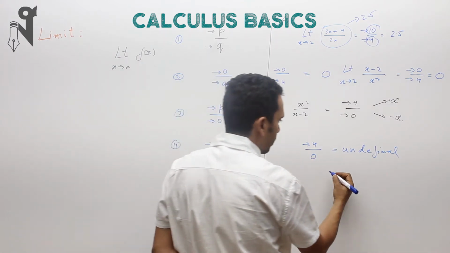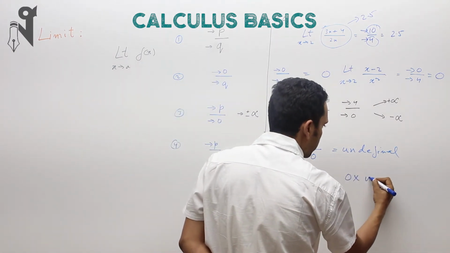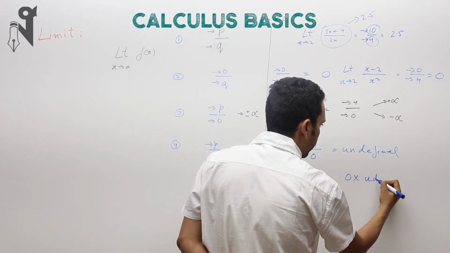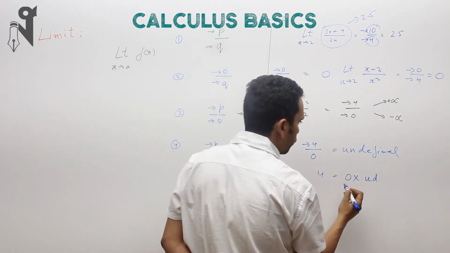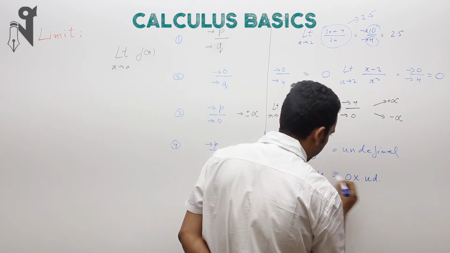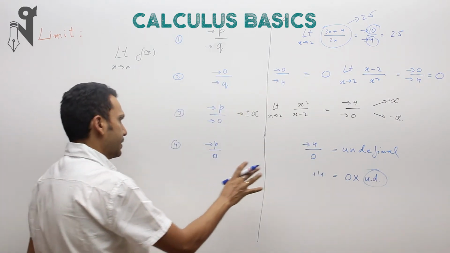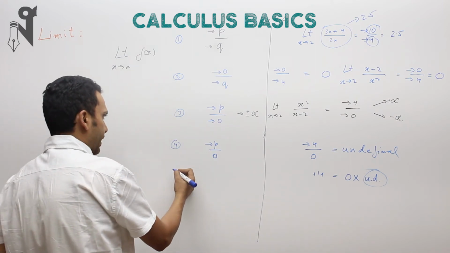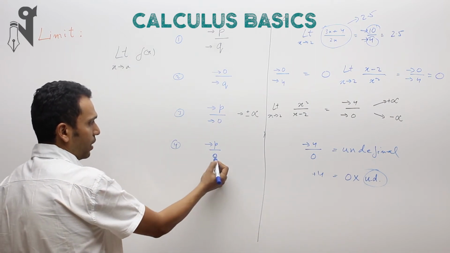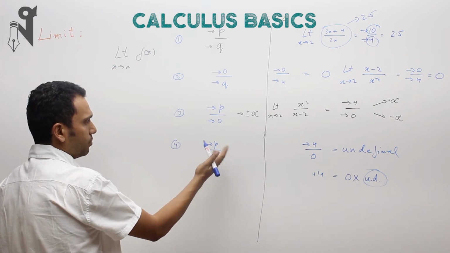So the number is called undefined. You don't have a number like that. So the next one, if you have an exact 0 at the bottom, the answer is 0.